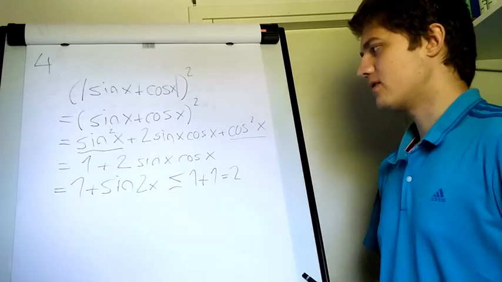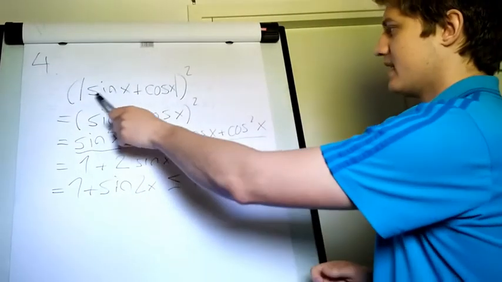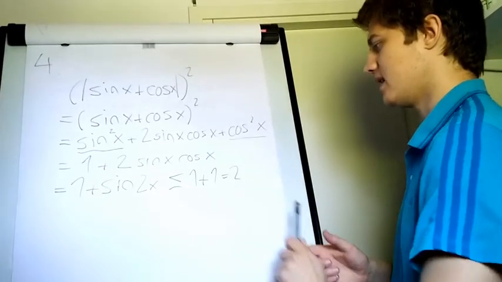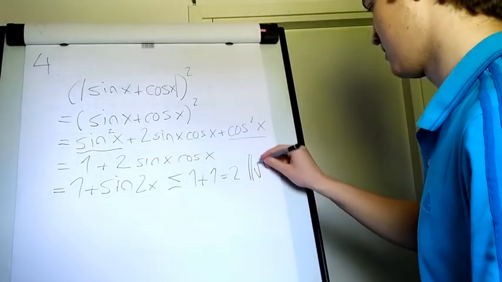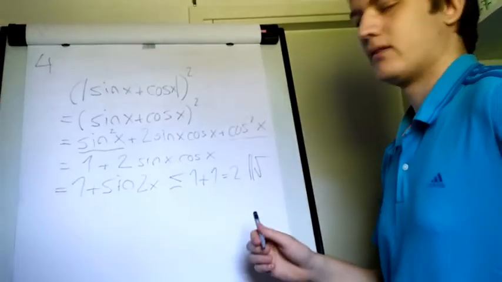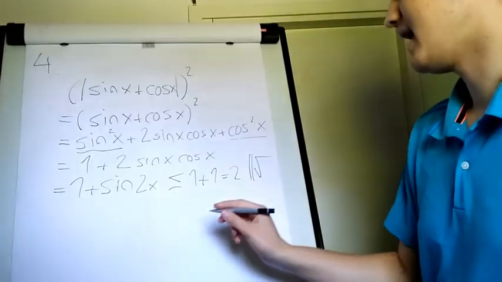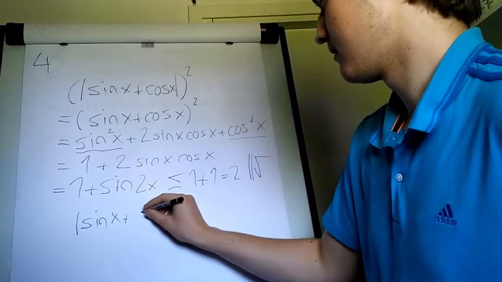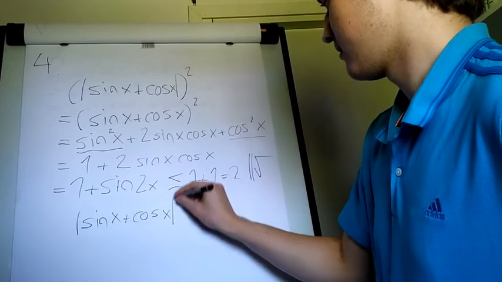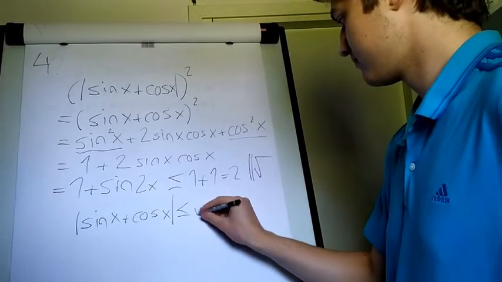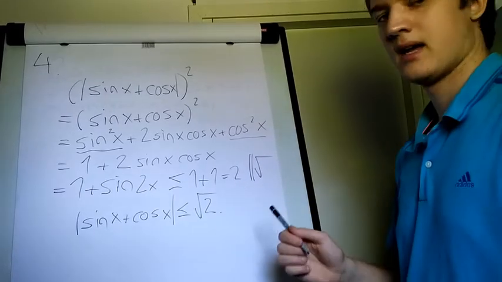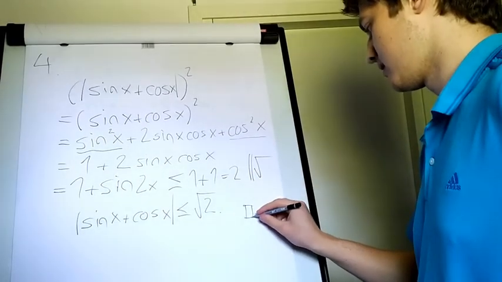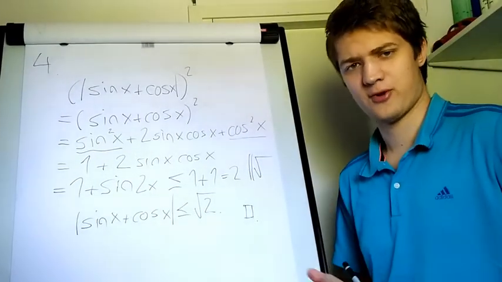And now we could take the square roots of both sides, since the absolute value of sine x plus cosine x is positive and 2 is positive, and we get this. And that is what we wanted to prove. So we are ready with problem number 4.